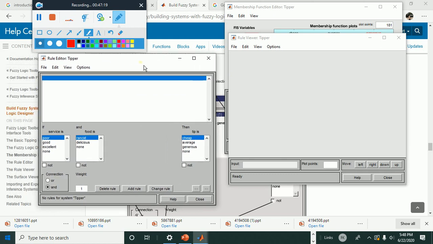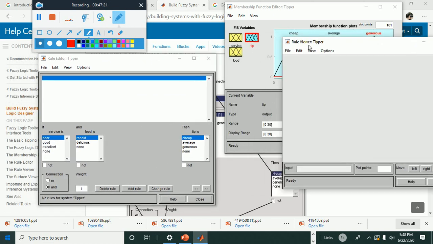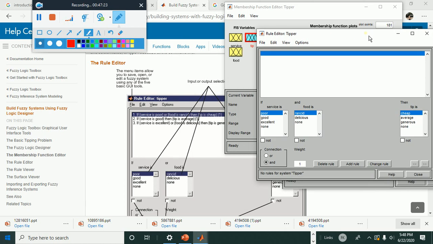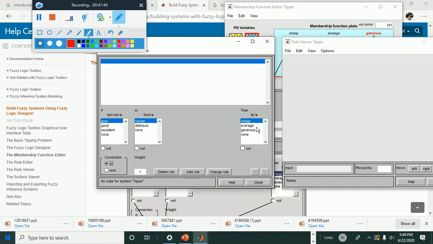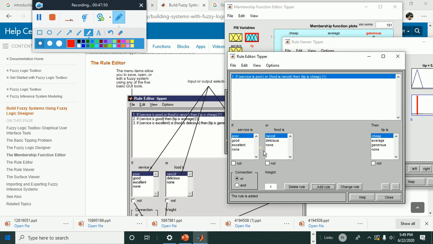Here we have a rule editor of tipper. So if the service is poor or rancid, then the tip is cheap. So we will add this rule here, it will be added.